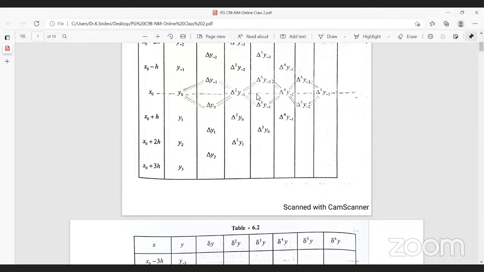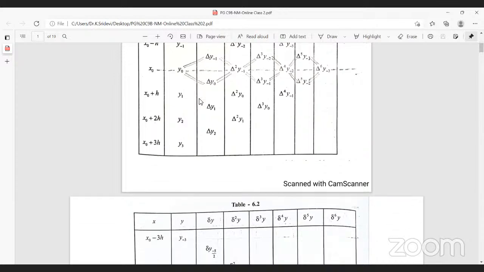So remember what the central line is. What are the entries on the central line? These are the entries on the central line. What are the entries above the central line? These are the entries above the central line. And what are the entries below the central line? These are below the central line. So remember this table. This is useful for deriving the central difference formulas.